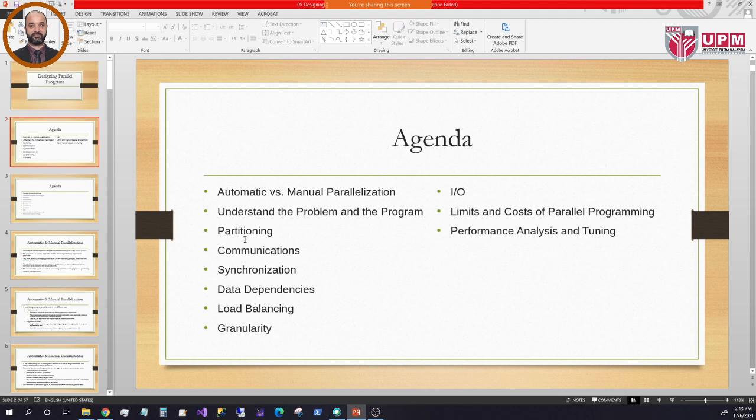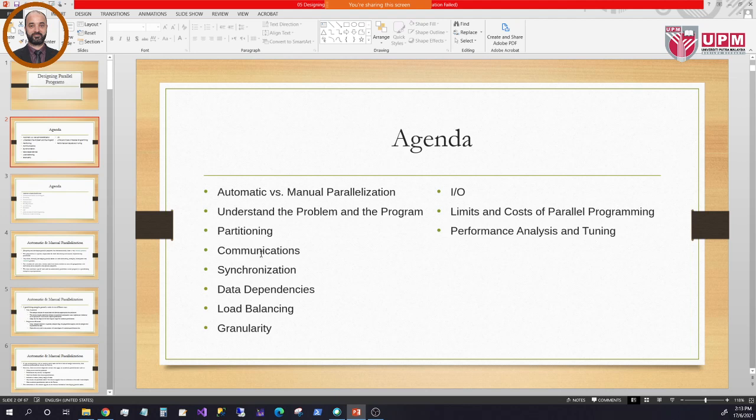And after that, we covered the partitioning or the decomposition. As you know, we have taken two types of decomposition, the functional decomposition and the domain decomposition or data decomposition. Then we covered the communication. So we learned who is going to communicate with whom, how the communication is going to be done, and what kind of techniques we need to use.